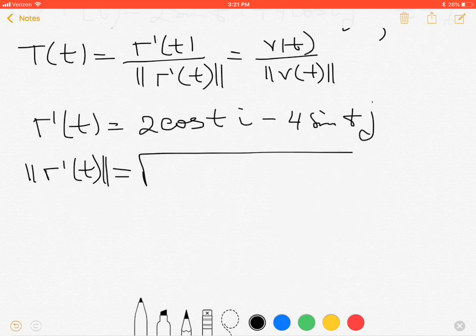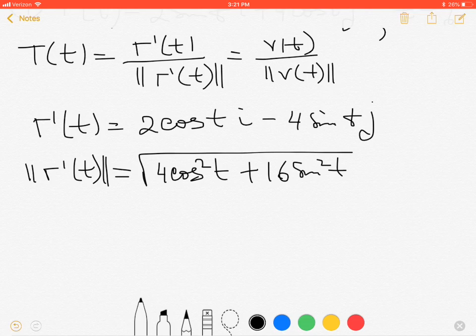Square root. Square of the first coordinate gives me 4 cosine squared t. Square of the second coordinate gives me plus 16 sine squared t. It will be 4 out. It will be 2.